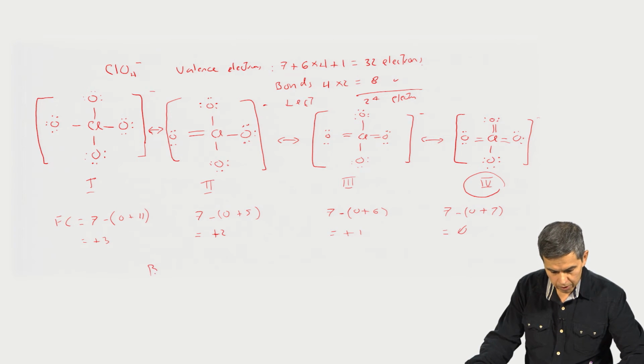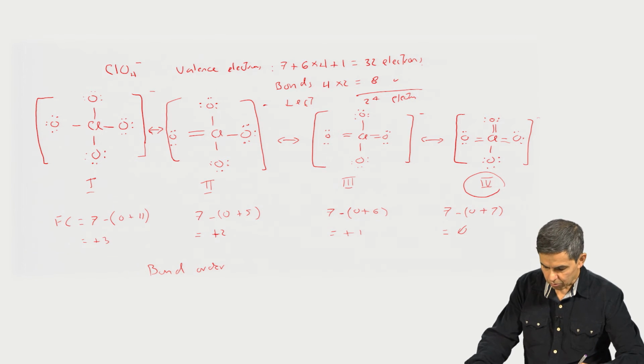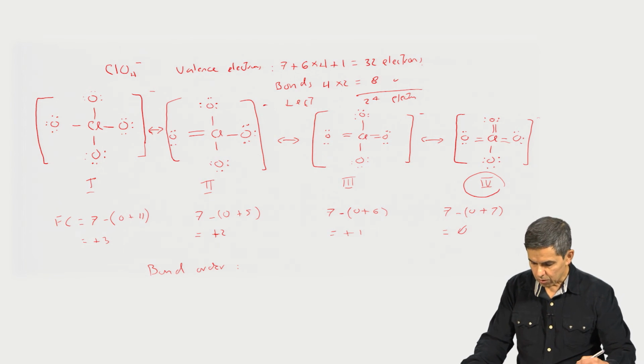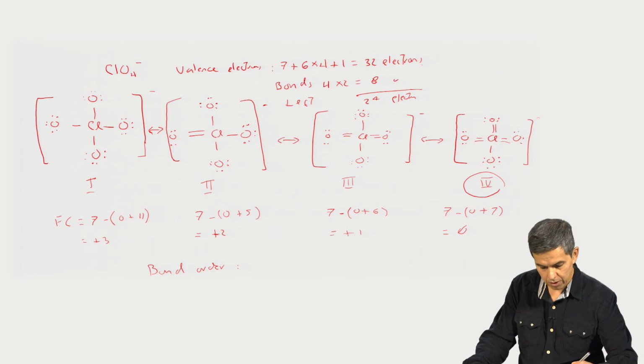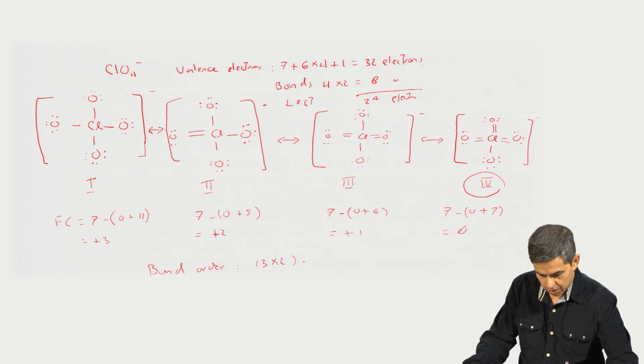So bond order will require us to figure out how many electrons are being shared in bonds and how many bonds we have present. For double bonds, we have 3, so that's 6 bonds.